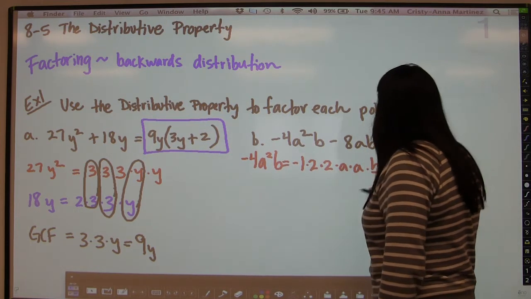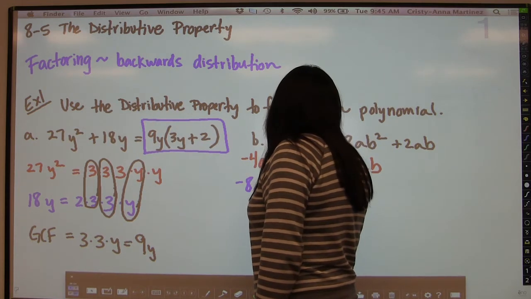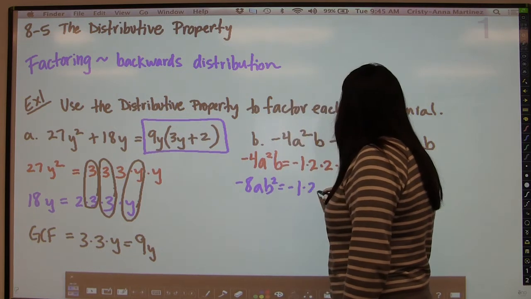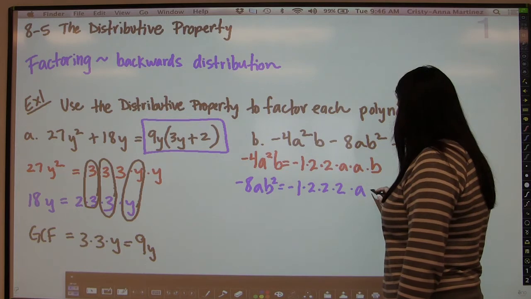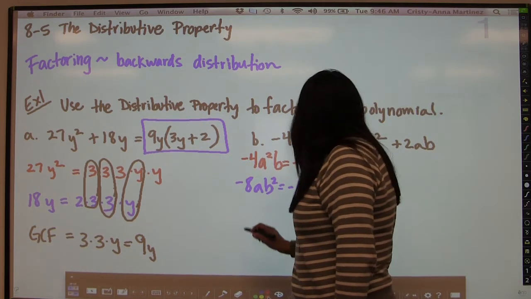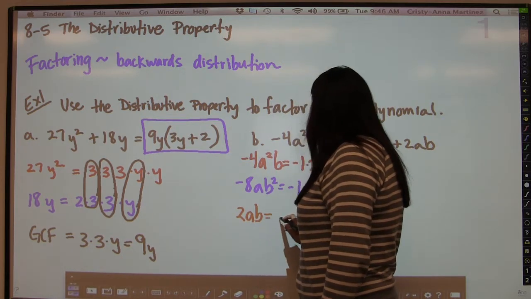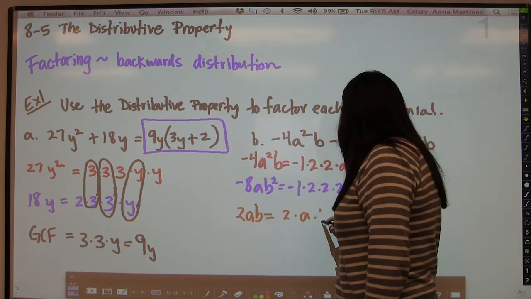We also have negative 8ab squared, which is negative 1 times 2 times 2 times 2, that'll give you the 8, times an a times a b times a b. And then we have 2ab, our final term here, and that's going to be 2 times a times b.